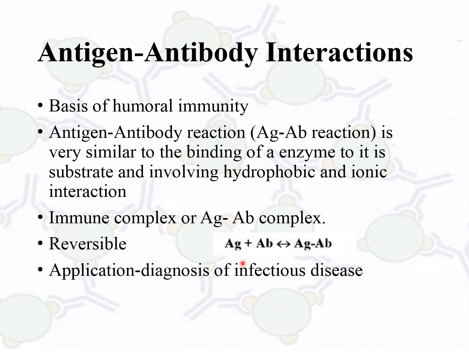As you can see, an interaction of antigen with antibody results in formation of a complex which is called immune complex or antigen-antibody complex, and this process is reversible. These antigen and antibody reactions form the basis for detection of infectious disease-causing agents.